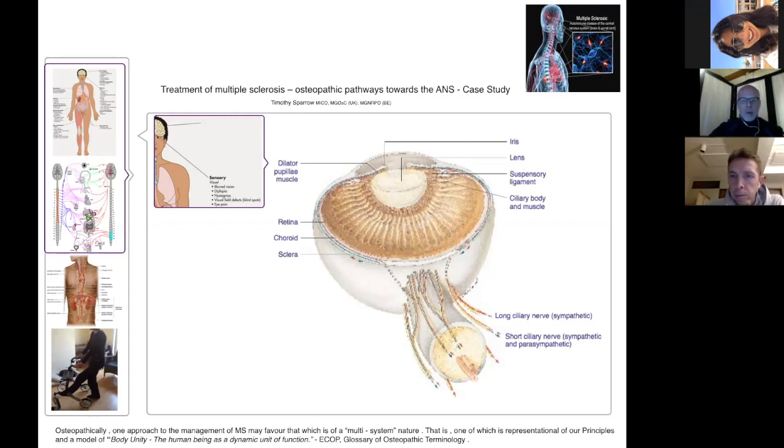So when we consider that, we can work within the upper thoracic spine, for example, to implement some indirect relationship to the eye. But we can also work in relationship to the oculi muscle groups and work with gentle lymphatic drainage around the periorbital lymphatic tissues as well, to try and encourage relaxation within the domain of the orbit of the eye, but also with respect to drainage and tear duct drainage.